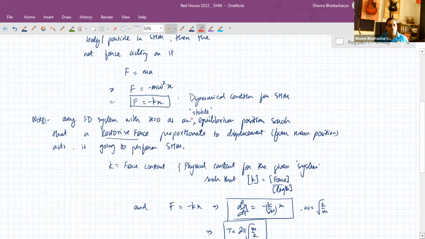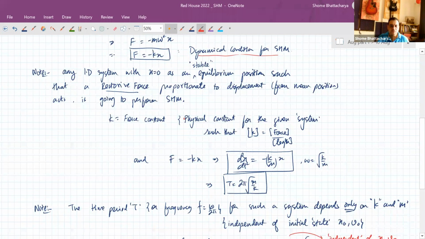What is the condition about the force in any system if it has to perform SHM? This is the condition that if x equal to 0 is a stable equilibrium position, such that the restorative force always points towards the mean position, so there is a restorative force proportional to displacement that acts, then it is going to be a system that performs SHM. So that is the first point of explanation.